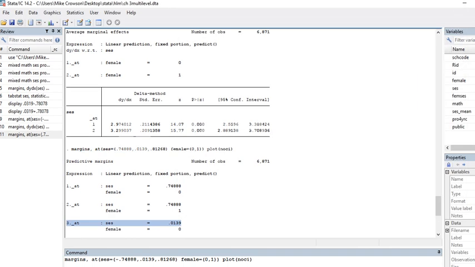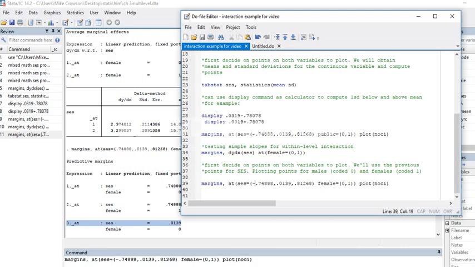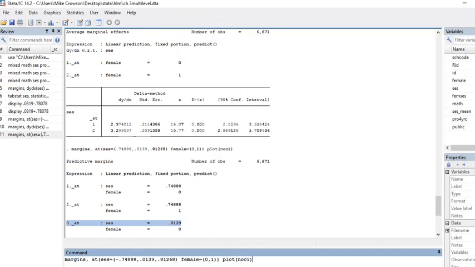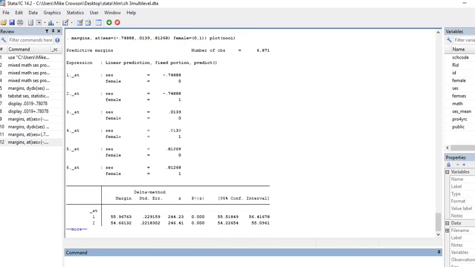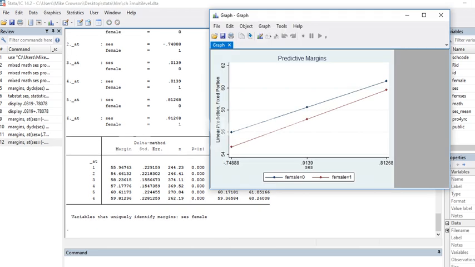So at any rate, we'll replot this. There you go. So as you can see, this is low SES females, low SES males, middle SES females, middle SES males, and then high.